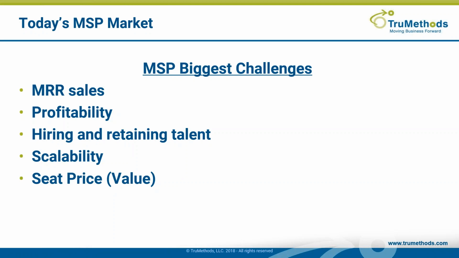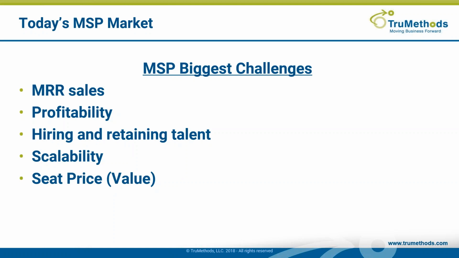challenges. You know, MRR, monthly recurring revenue sales. This is very common, right? That people struggle to be able to consistently add new recurring revenue. Profitability: trying to scale a company and be able to maintain increased profitability, common issue.